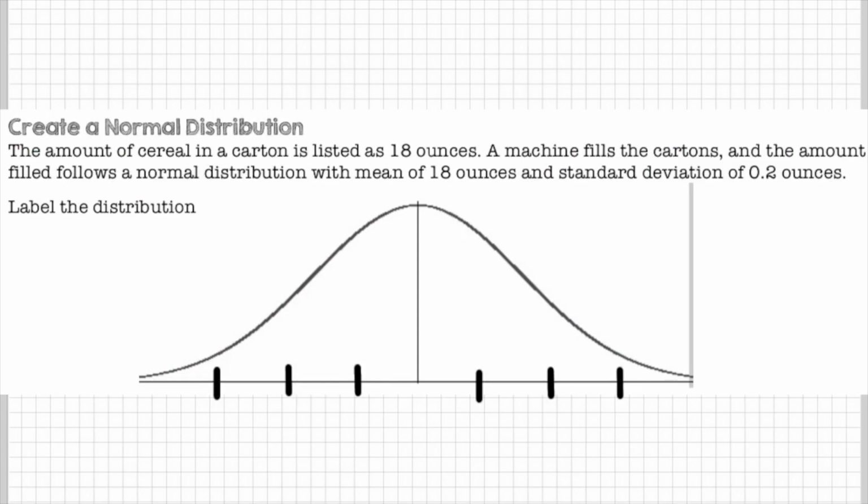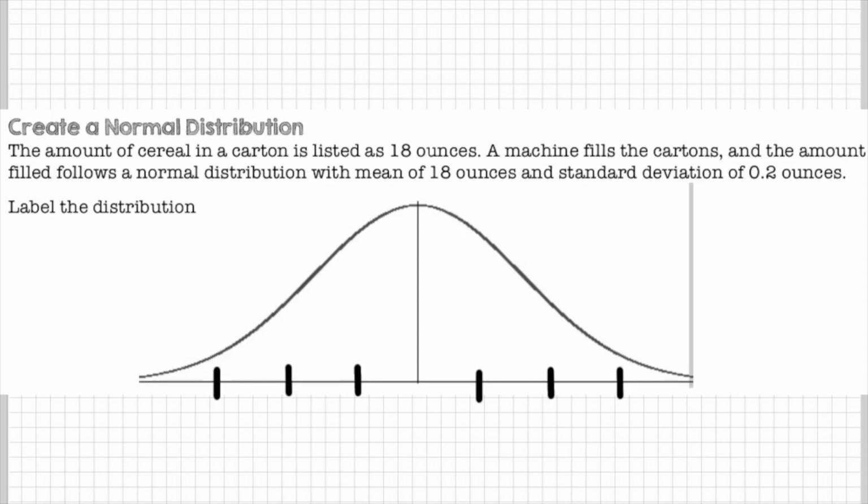All right, so for this part we have to create a normal distribution. You'll need to put your three notches on each side of the mean. In the scenario, it says the amount of cereal in a carton is listed as 18 ounces. A machine fills the cartons, and the amount filled follows a normal distribution with a mean of 18 ounces and a standard deviation of 0.2 ounces.